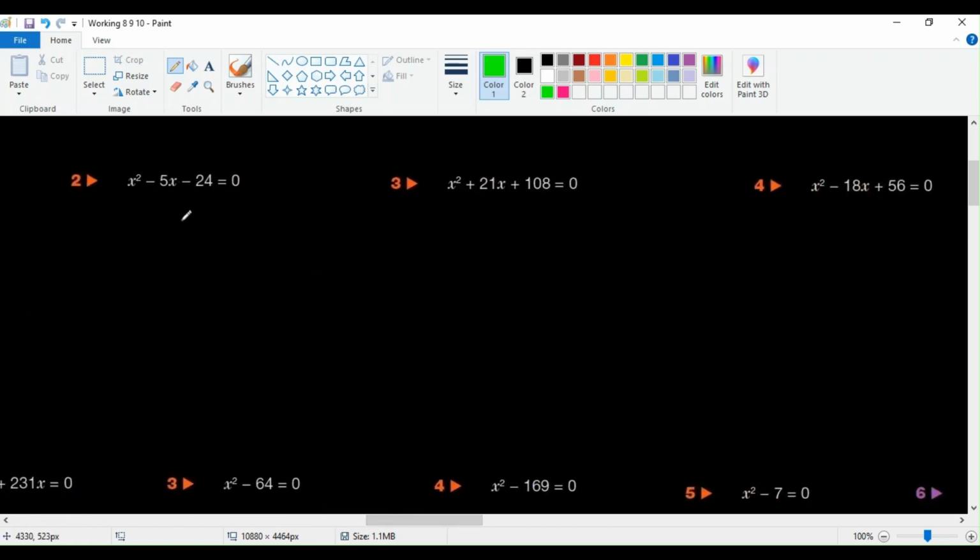In here it is 24, and I know very well 3 times 8 is 24. So minus 8 plus 3 is going to give us a minus 5. So minus 24 I will write as it is, no change.